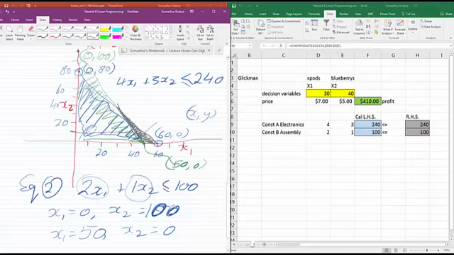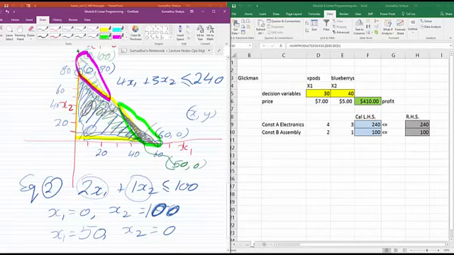So now the common area between these two is only from here onwards. The electronics constraint does not allow us to use this much, and the assembly constraint does not allow us to use this area.